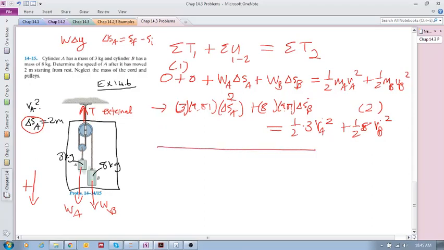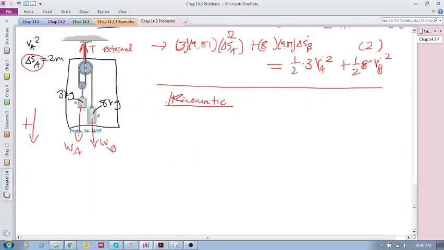And now what we can do is go to our kinematic equations. Over here, if we take that as our datum, and we've got that as SA, and we've got that as SB, then we know that 2SA plus SB is the total length.